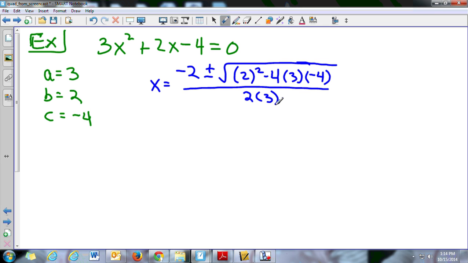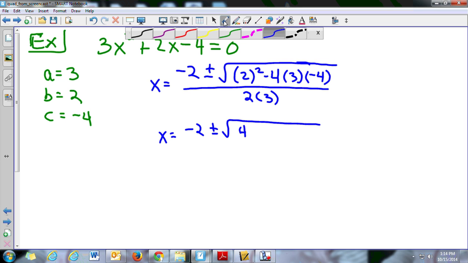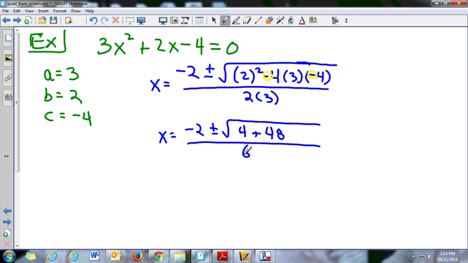Once you have substituted all your values in, just begin to simplify. Follow your order of operations. So nothing's happening outside yet. Square root: 2 squared is 4. Our minus sign here and our negative here are going to turn into a plus. So 4 times 3 times 4, that's going to be 48, all divided by 6.